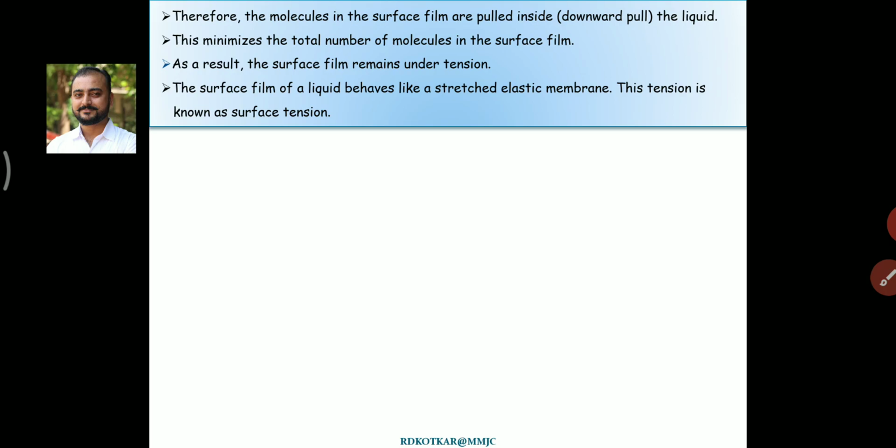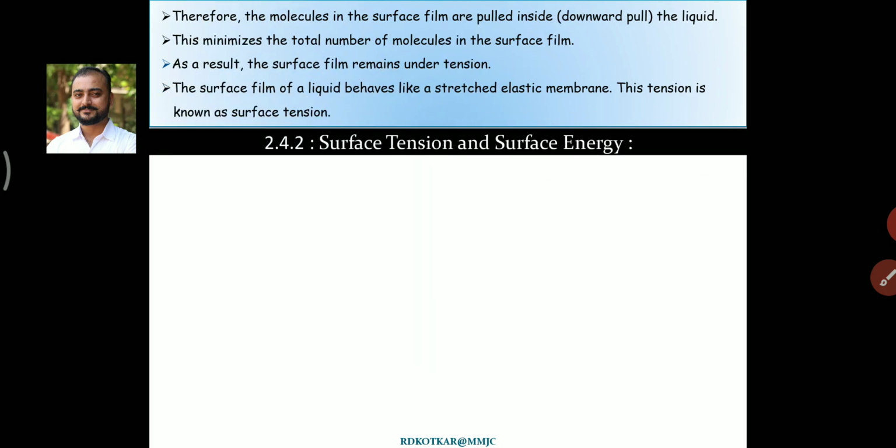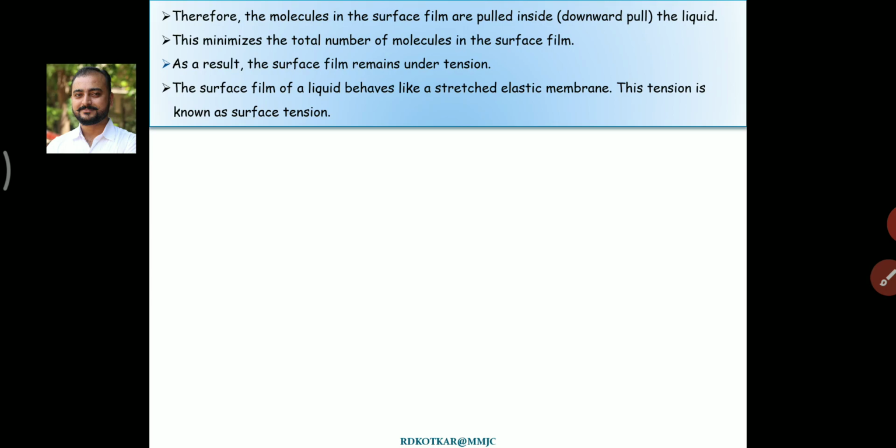As I just told you, these molecules of the surface film are pulled inside, that is, they have a downward pull. Second, this minimizes the total number of molecules in the surface film. As molecules get pulled in the downward direction, the number of molecules in the surface film decreases.